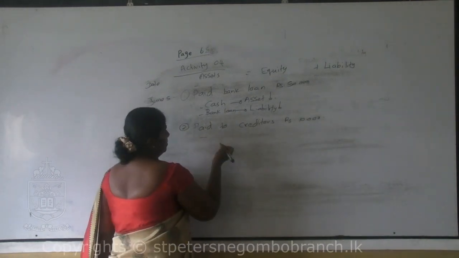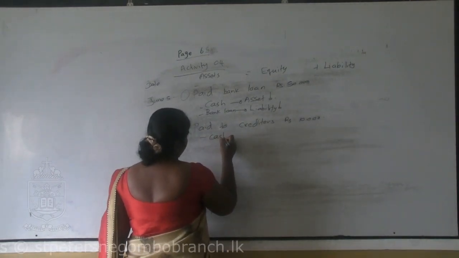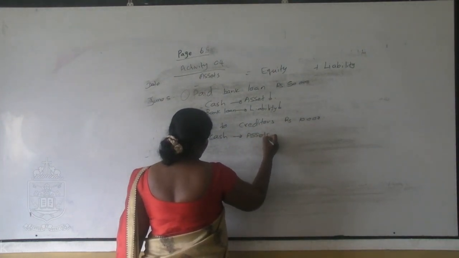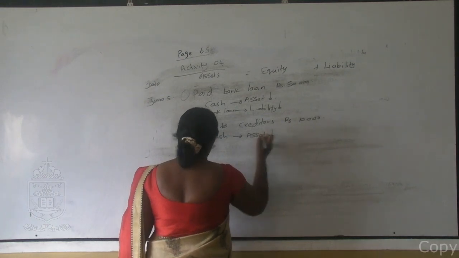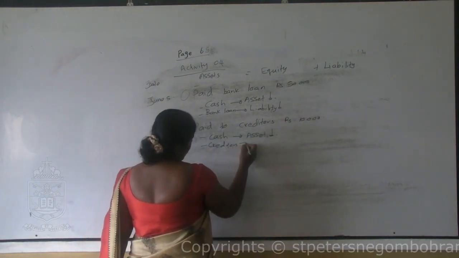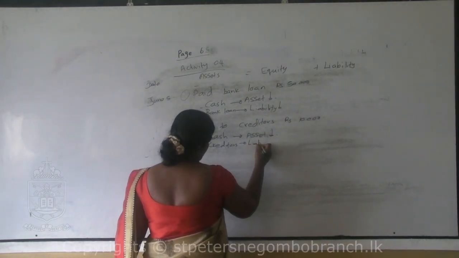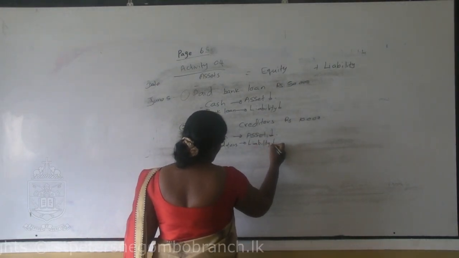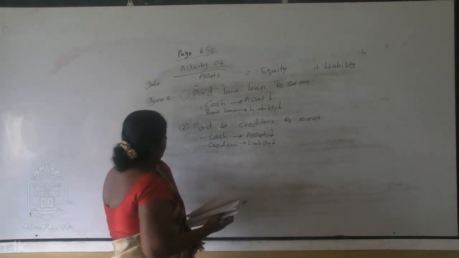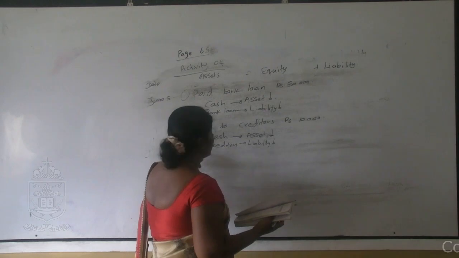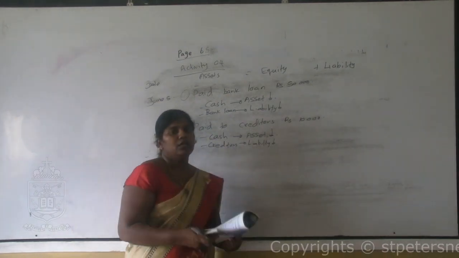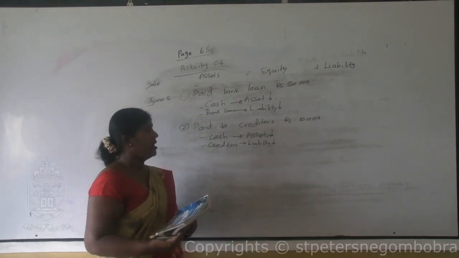So at that time cash decrease because asset decrease. Creditors, the liability, decrease. So here according to this theory, asset decrease, liabilities decrease. According to this activity, we have already finished discussing the answers.